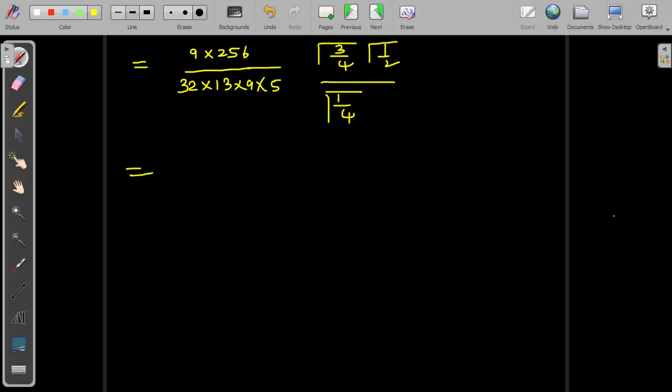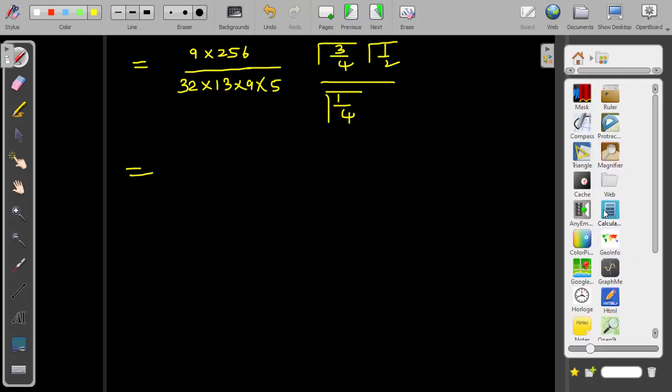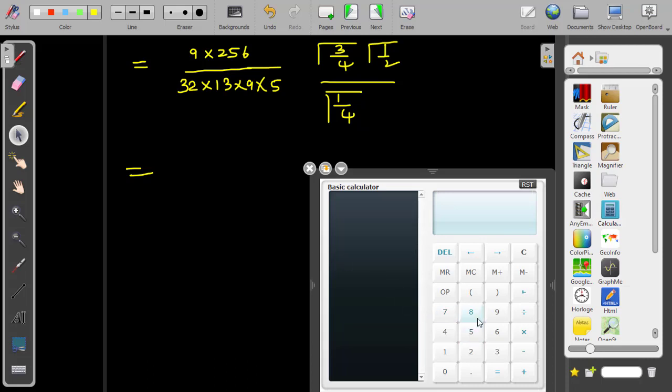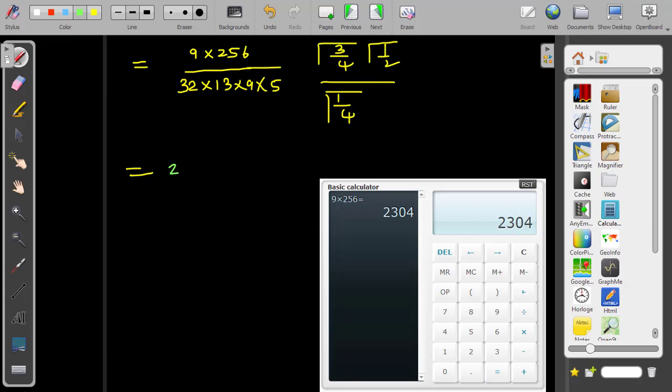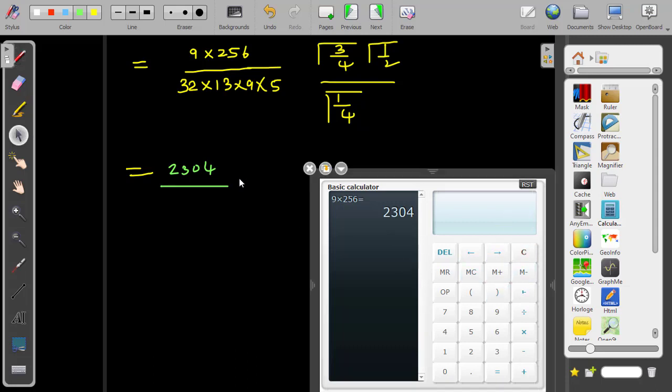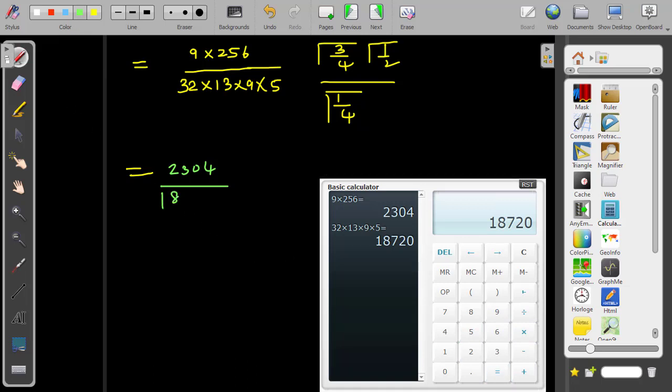The next step, this will be equal to, I'll use the virtual calculator. Here we have 9 times 256, which is 2304 in the numerator, divided by the denominator. The denominator is 32 times 13 times 9 times 5, which gives 18,720.